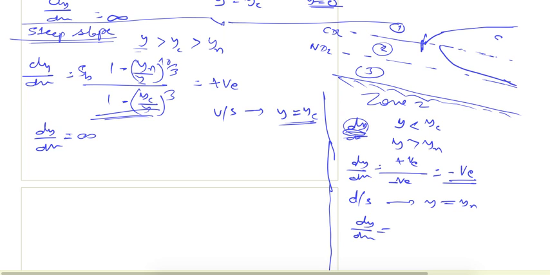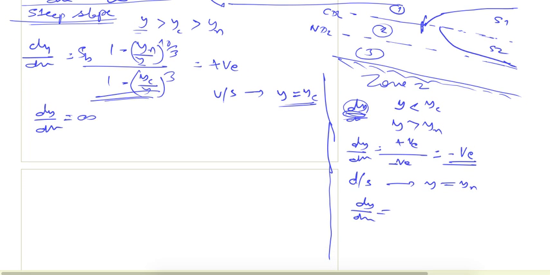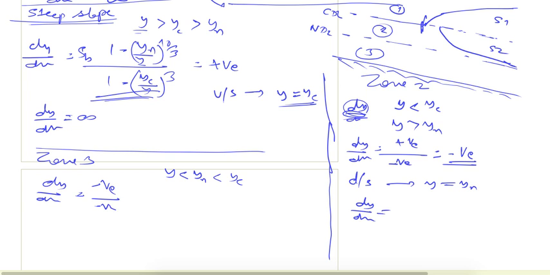So this is the S1 profile, this is the S2 profile, and for the S3 profile, zone 3, what will happen to dy/dx? In this zone y is less than yn, less than yc. So if I put it here, this ratio will be greater than 1, so this will be negative upon negative, it is positive.